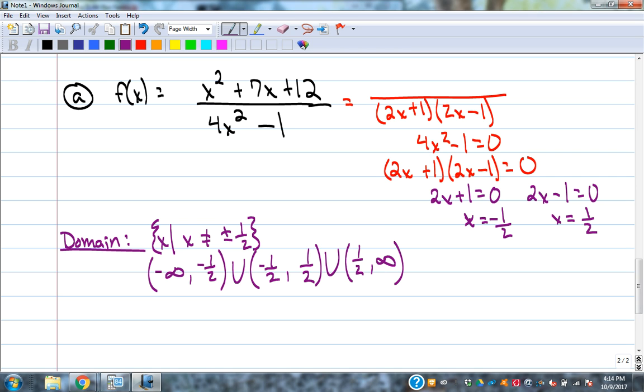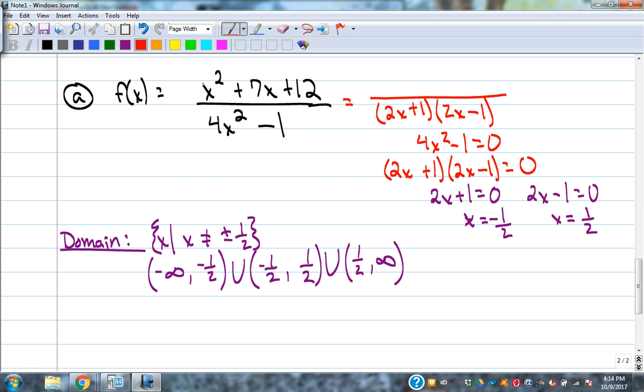Okay. Now, after you find the domain, the next step before you do your vertical asymptotes is to try to simplify. So we need to try to factor the numerator if we can. Not saying that we always will be able to, but it is nice if it does. It helps us to find those asymptotes.